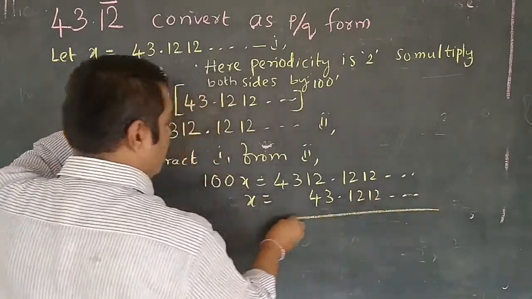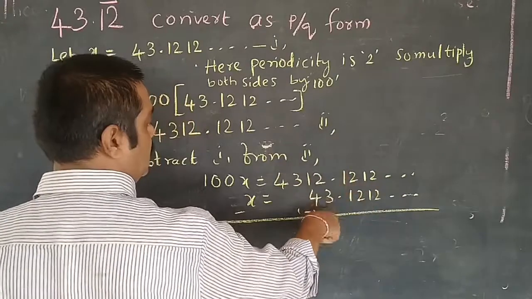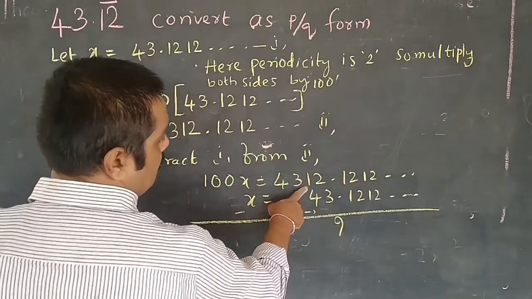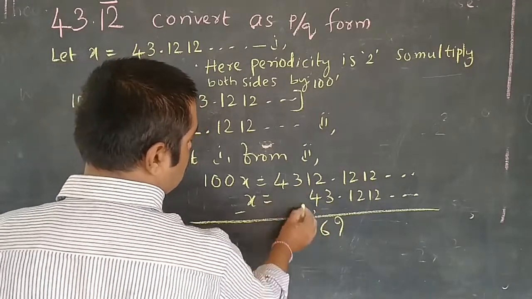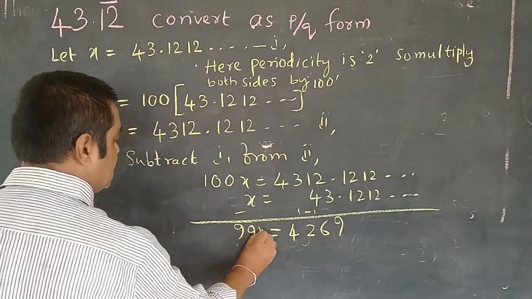Down you write x is equal to 43.1212, and so on. Then you get, this is minus, you have 0 0 0, and 12 minus 3, you get here 9, and 10 minus 4 is 6, and here only 2 is there, and this is 4, and this is 99x.